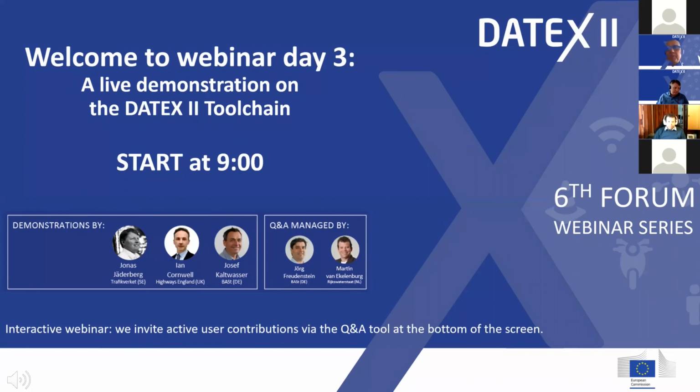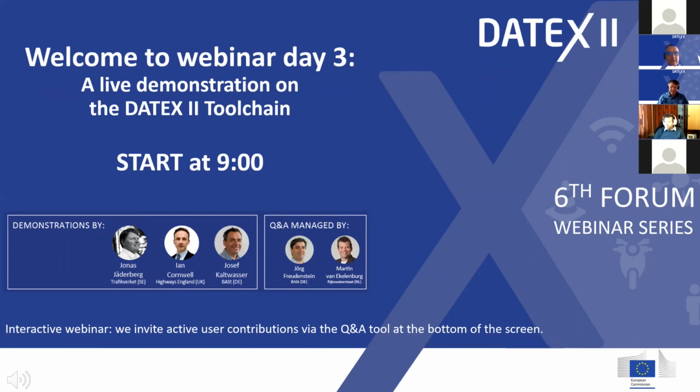But before we go into the details of the webinar, I will do the introduction of the panel. I start with Jonas Jederberg, who is attending here on behalf of the Swedish Transport Administration, Trafikverket, and he will later on show you how you can do message validation in DATEX2 and how you can do code generation to create a service actually.